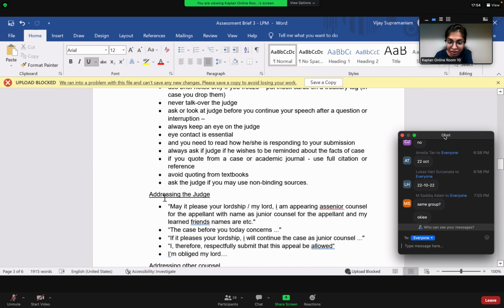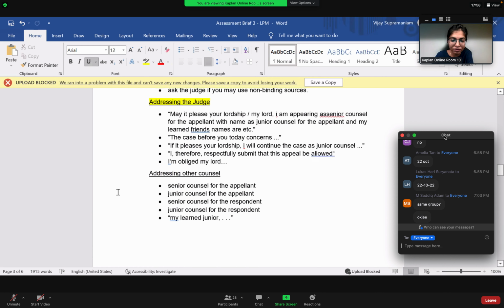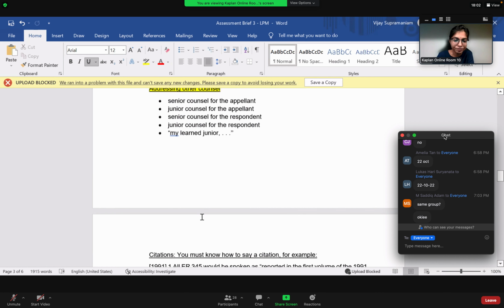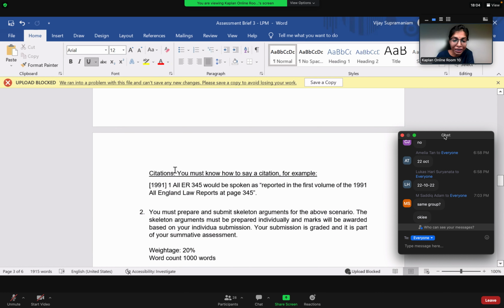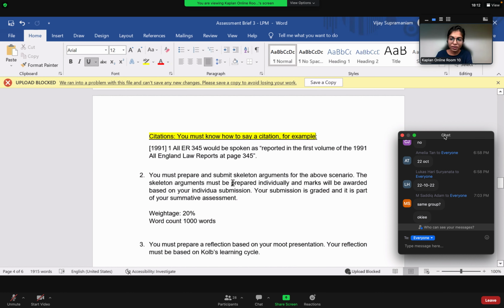But you can read in advance how to address the judge and how to address other counsel. When you read a case in the court, you must read with a full citation. All these samples I've given to you.